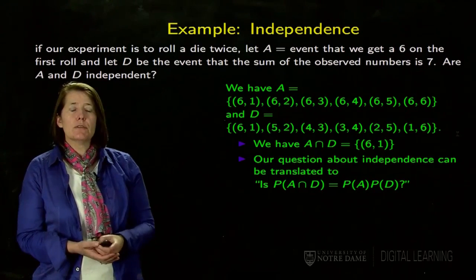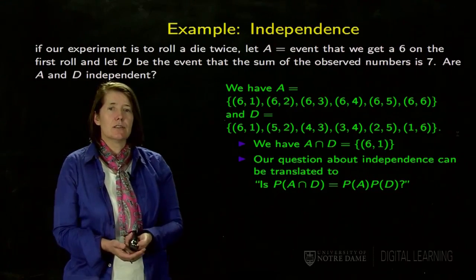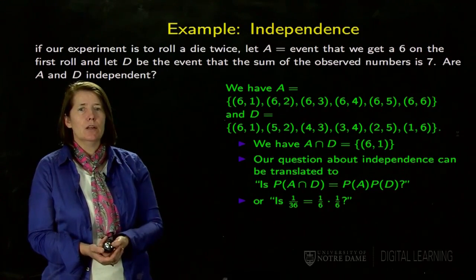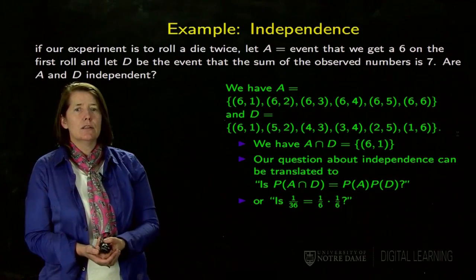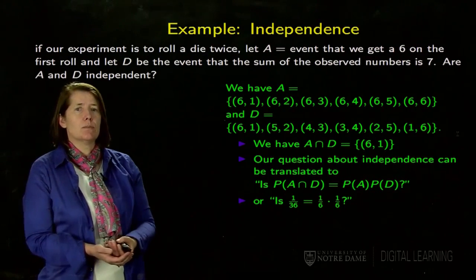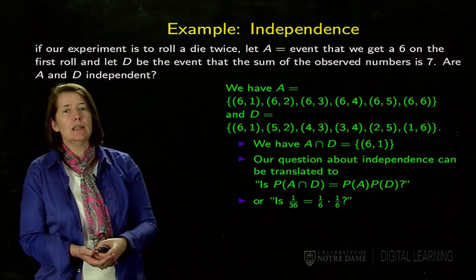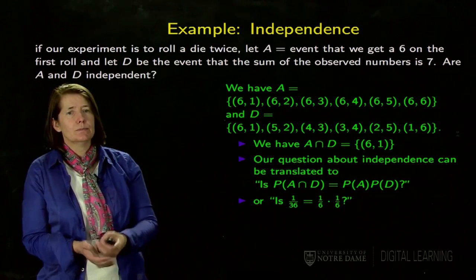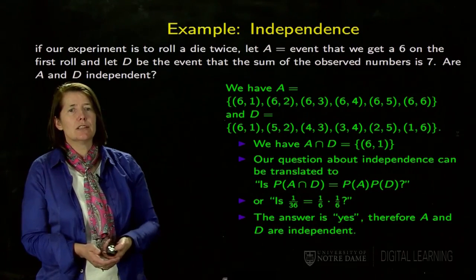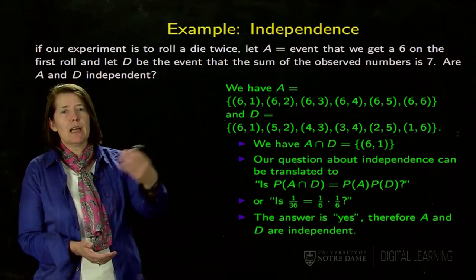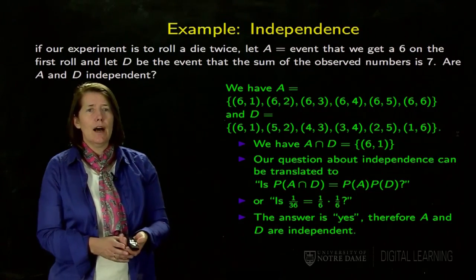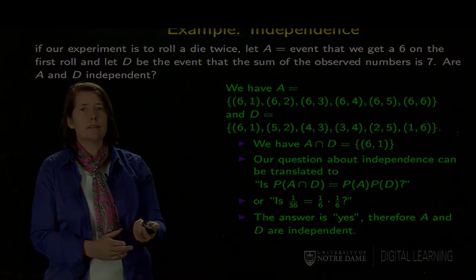This is one of the 3 possible translations of the question that we saw on the last slide. So what I'm asking is 1 over 36, the probability of A intersection D, equal to 1 over 6 times 1 over 6? And you probably have the answer. The answer to that is yes. So therefore the answer to the previous question is yes. Yes, A and D are independent events.